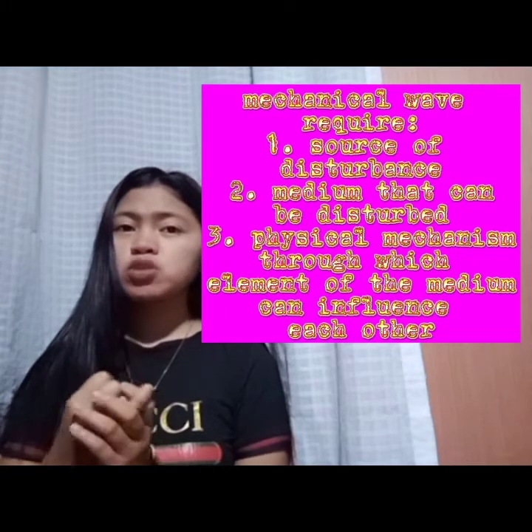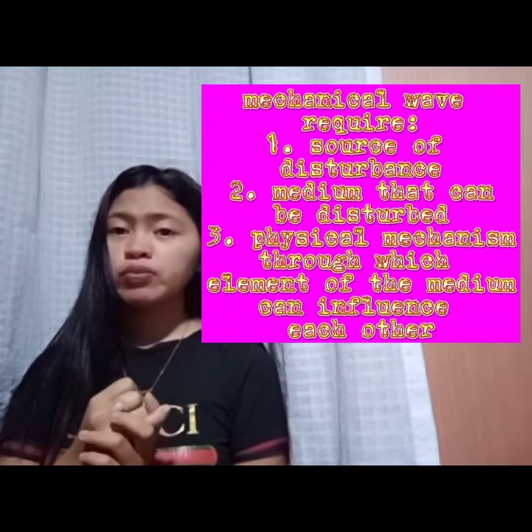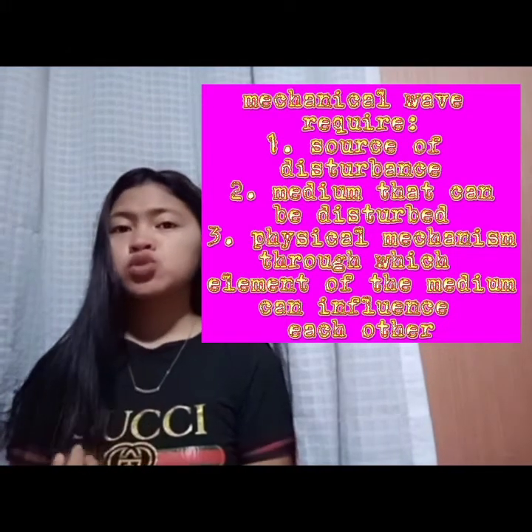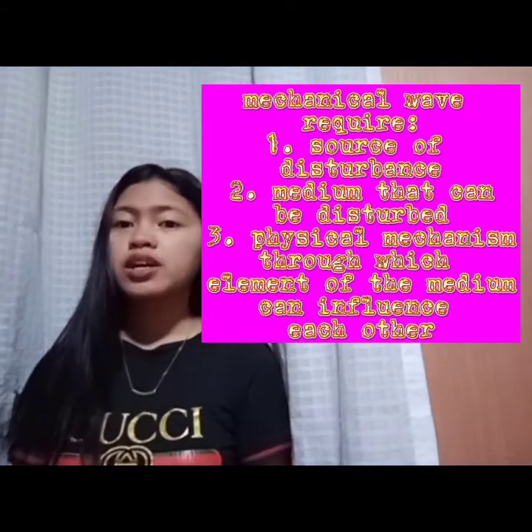Next is a medium containing elements that can be disturbed, which is the water. And three is some physical mechanism through which elements of the medium can influence each other. So a mechanical wave is a wave which needs material for propagation. An example of this is sound waves, which are mechanical waves since they need a material medium for propagation, like drums.